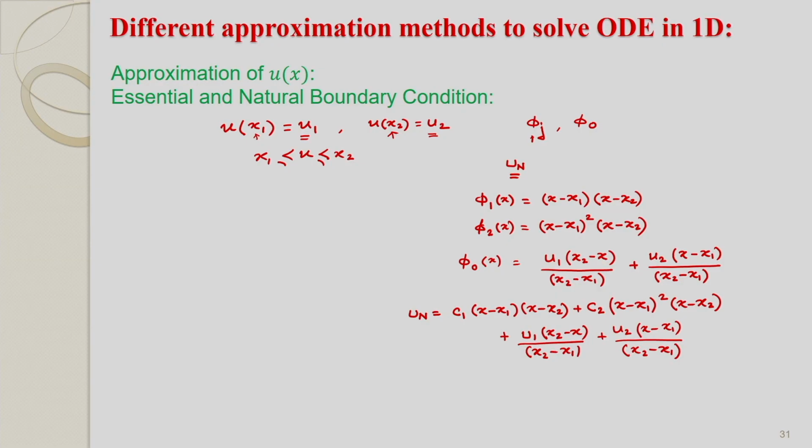Thus, for this problem, at x1 un is u1 and at x2 un is u2.